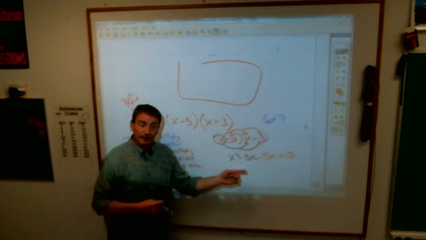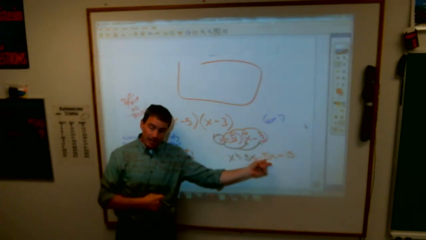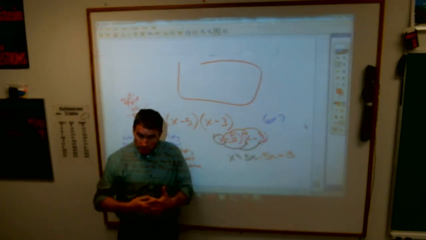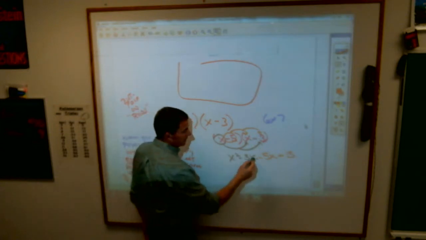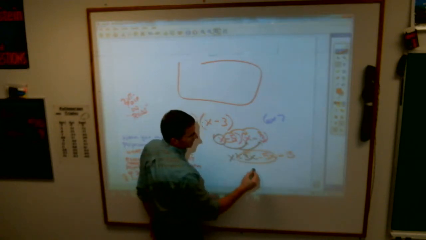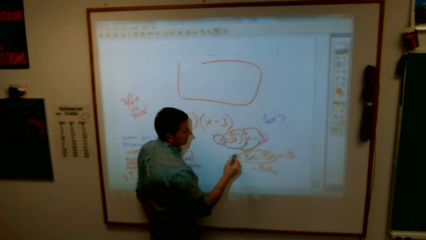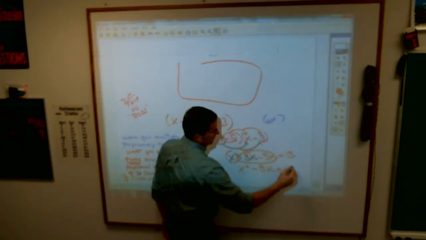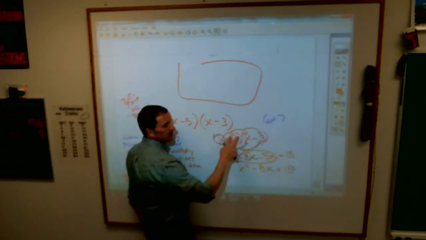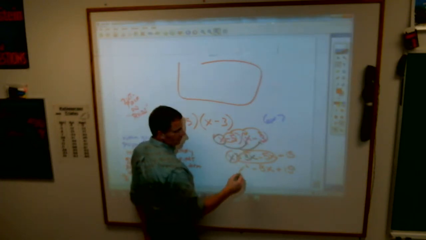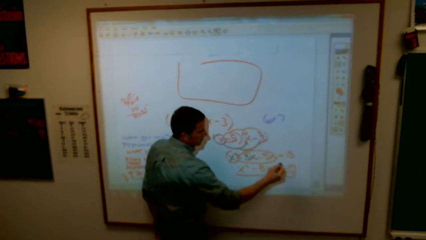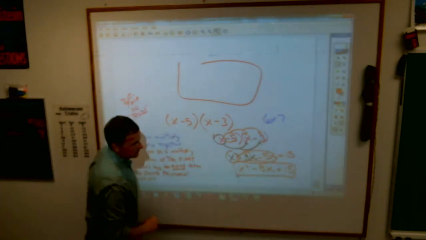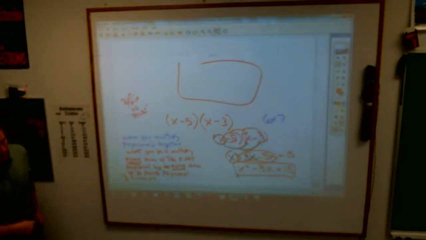And what do I get if I have a minus 3x and a minus 5x and I put them together? Minus 8x. So I can join those two together and get minus 8x. This doesn't have any friends, so it stays x squared, and this right here. 2 binomials multiplied together, in this case, give me a trinomial, a 3-termed polynomial. Okay?